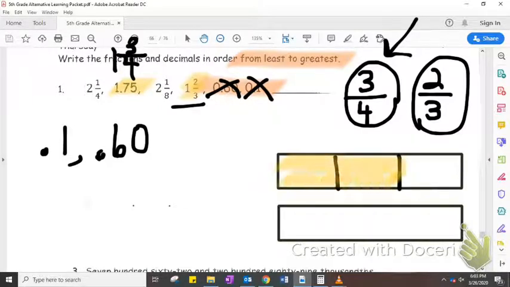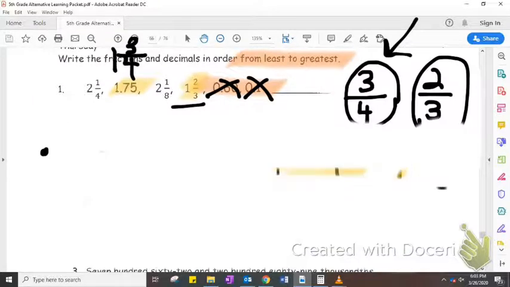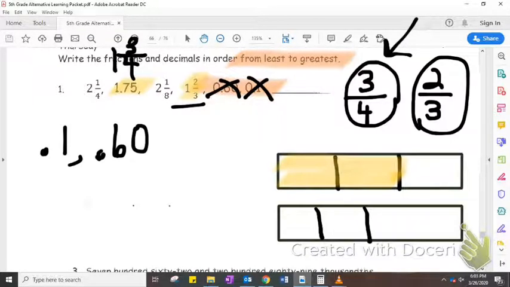So here's 2/3. It's 1/3 away from the whole. And here's 3/4. That's only 1/4 away from the whole. Fourths are smaller than thirds. And you know what? My drawing isn't actually very good. Okay, that helps you see it a little bit better. Since fourths are smaller, you're doing 1/4 away from the whole.